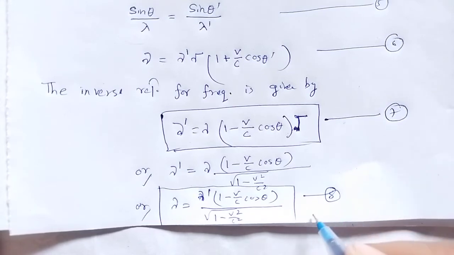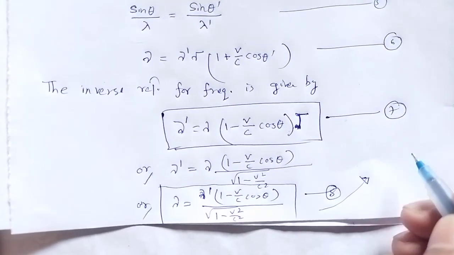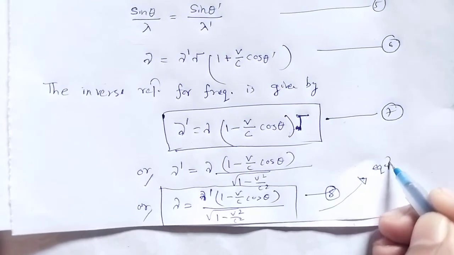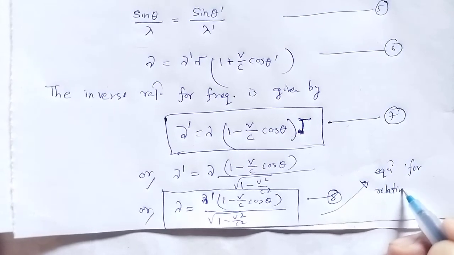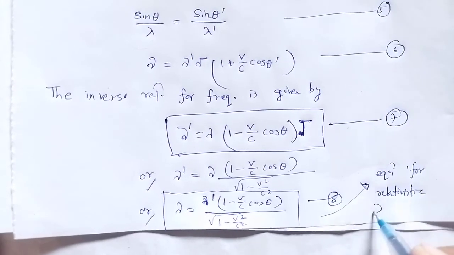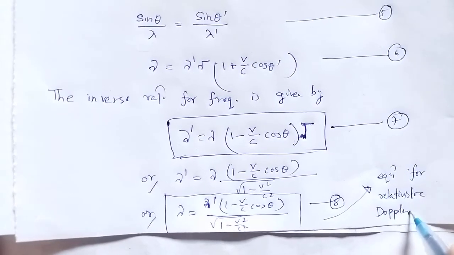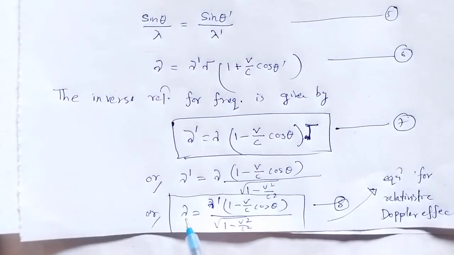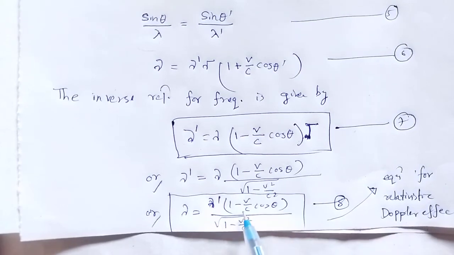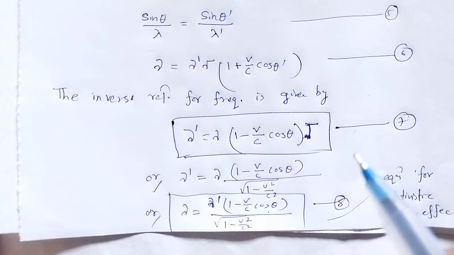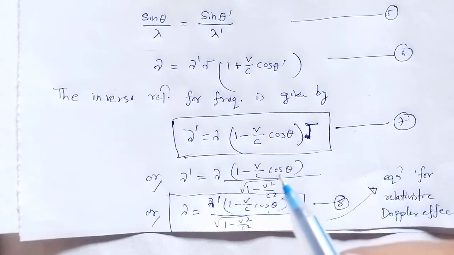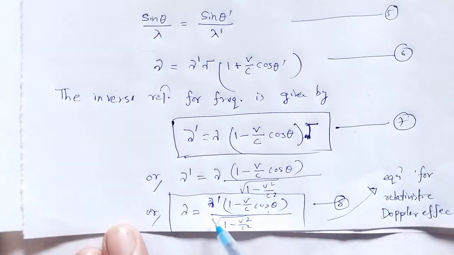This equation is known as the equation for the relativistic Doppler effect, that is nu is equal to nu dash 1 minus v by c cos theta divided by square root of 1 minus v square by c square. Sorry, that's not correct.